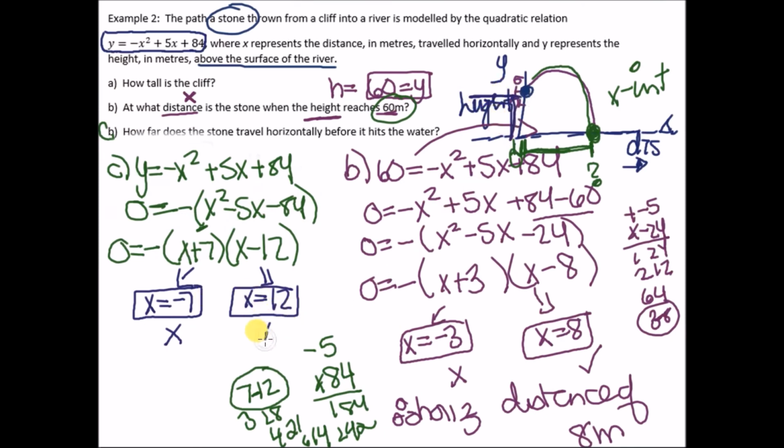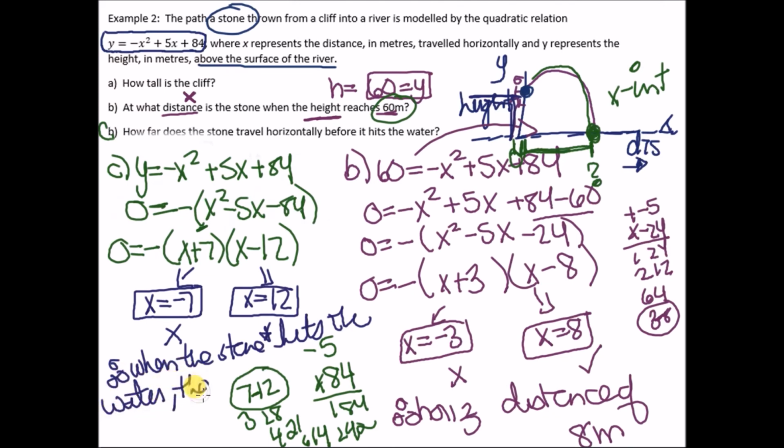So the answer is x equals 12. Therefore, when the stone hits the water, the horizontal distance, HD, is 12, measured in meters.